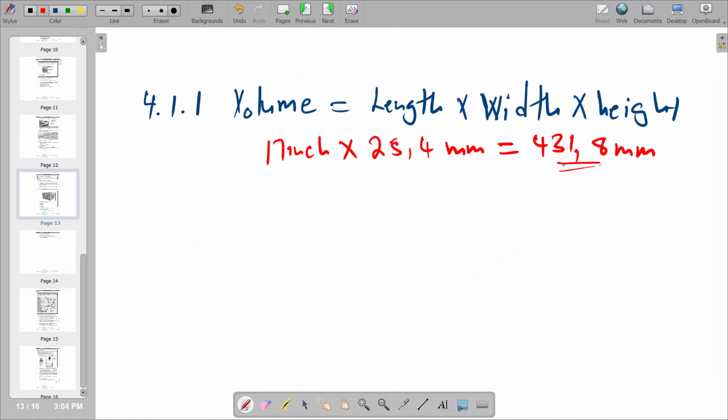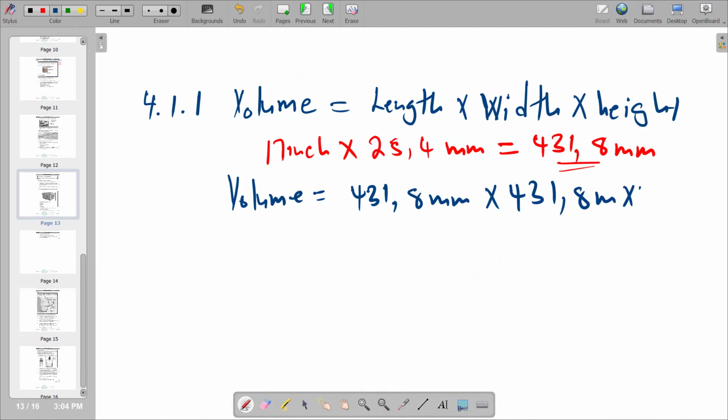So this is what we have for the length, the width, and the height, as they are the same. To find our volume, we say volume is equal to 431.8 millimeters, multiplied again by 431.8 millimeters, multiplied again by 431.8 millimeters. Just use your calculators and see what we get.